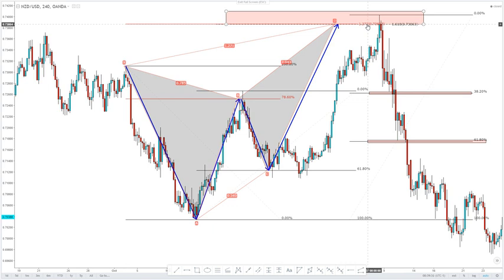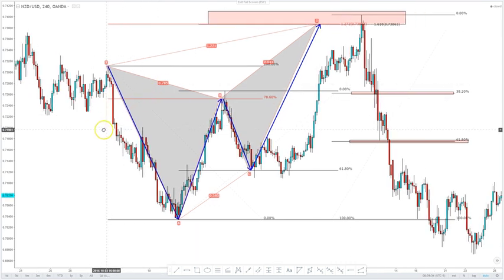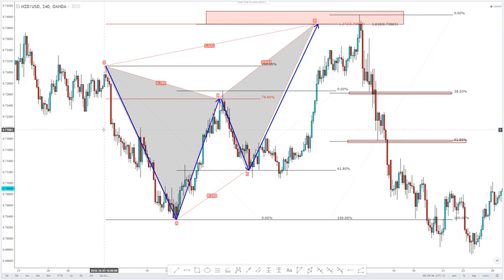It's very simple. The pattern is valid as long as it doesn't close above on the daily chart or the weekly. If you have those big patterns, obviously the weekly, but usually for the 4-hour patterns, the daily chart's a good indication. It's gonna close below. The zone is still good. We're valid. We're good to go. Let's take it. Boom.